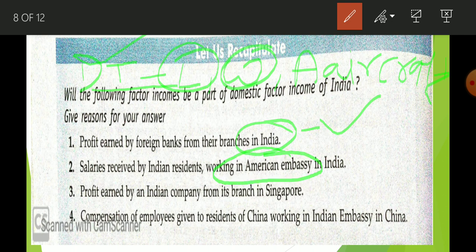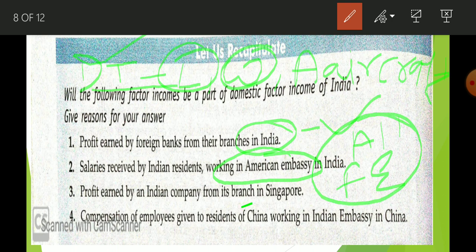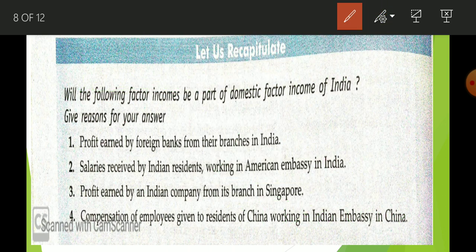Okay, now next is salaries received by Indian residents working in American embassy. So remember, all foreign embassies that are located in India are not part of Indian domestic territory. So these Indian residents who are working in American embassies in India are not included.